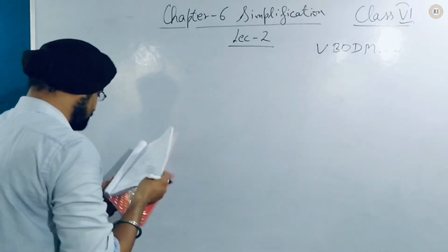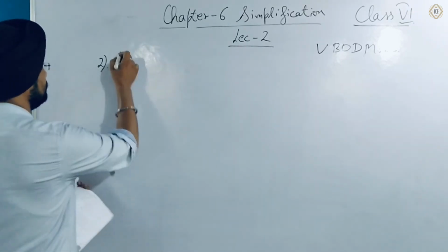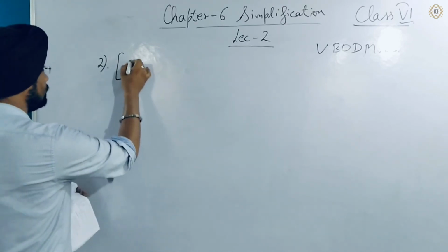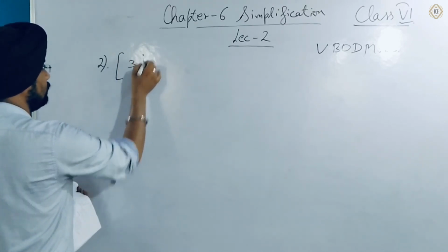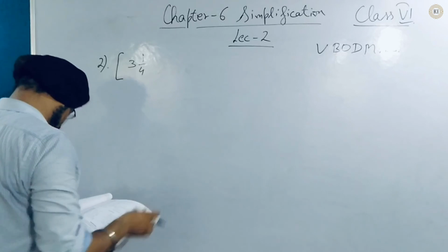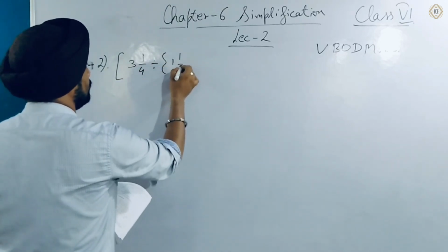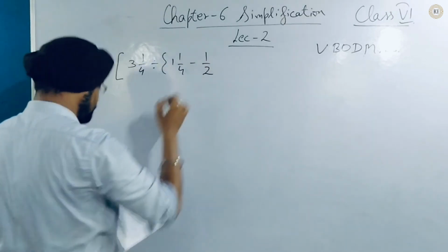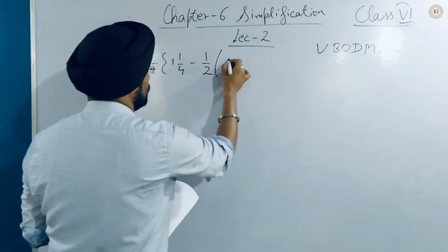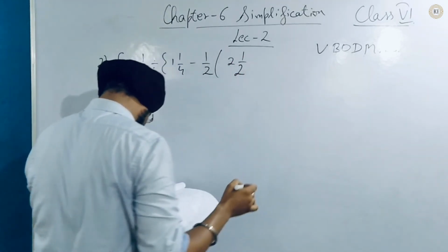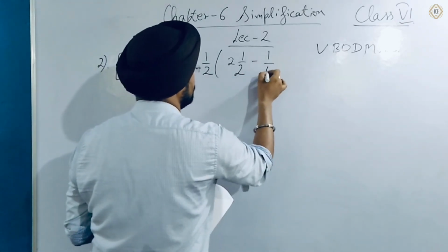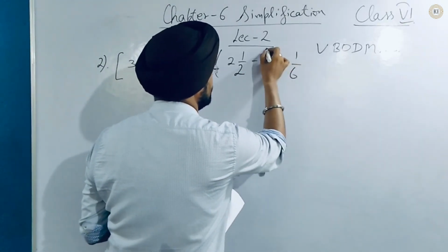Question number second is given as 3 whole 1 by 4 divide 1 whole 1 by 4 minus 1 upon 2, 2 whole 1 by 2 minus 1 by 4 minus 1 by 6.